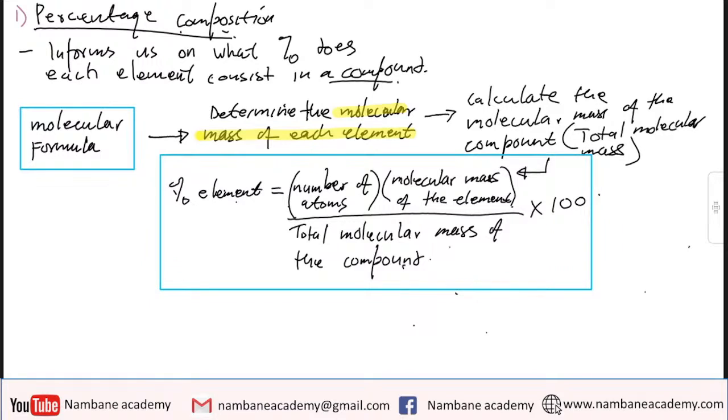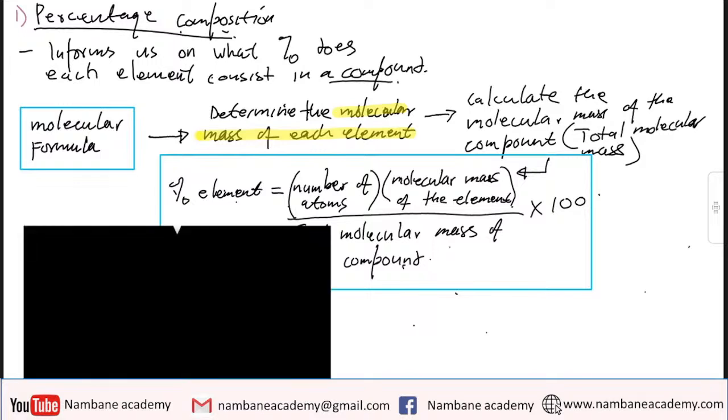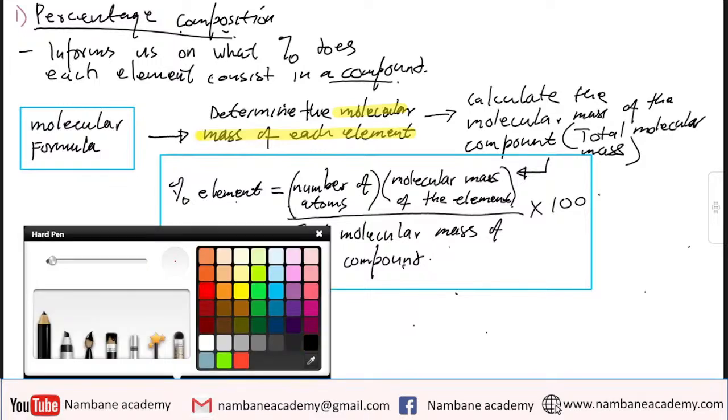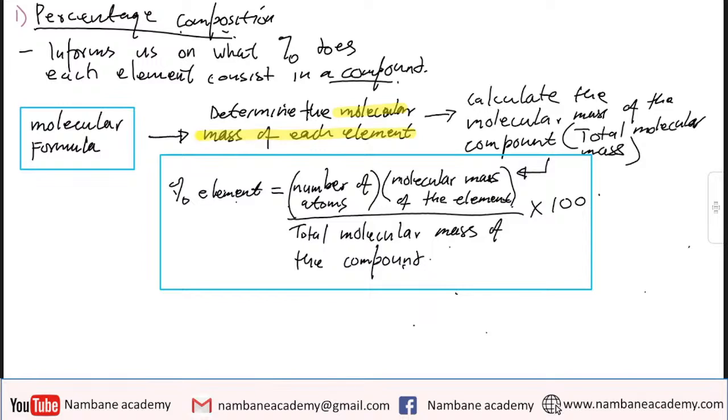So how can one try to remember this in simple terms? I am going to assign different letters to this. I am going to assign X for the molecular mass of an element and Y for the total molecular mass.